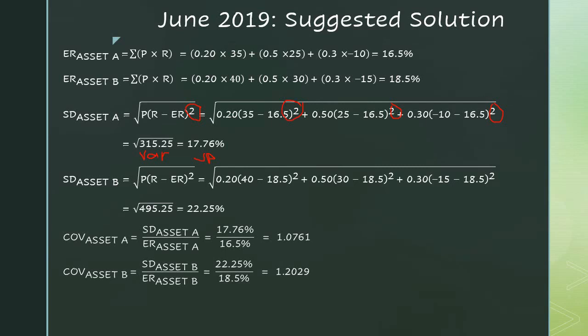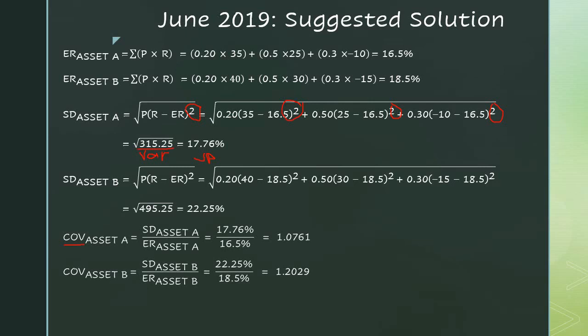So you must show me the value of variance if the question asks for variance. Then, when you want to decide whether to choose asset A or asset B, you need to calculate the coefficient of variation. The coefficient of variation is the measurement of risk per 1% of return.